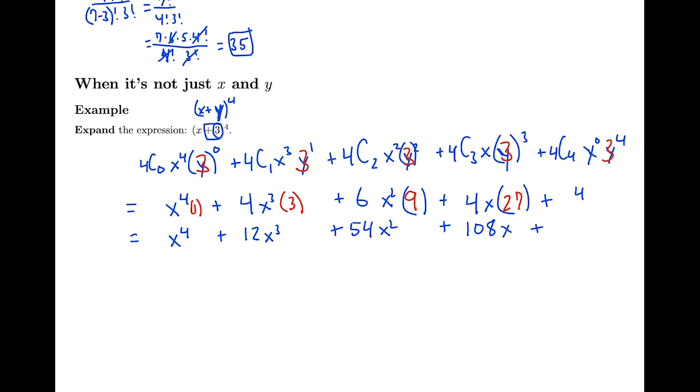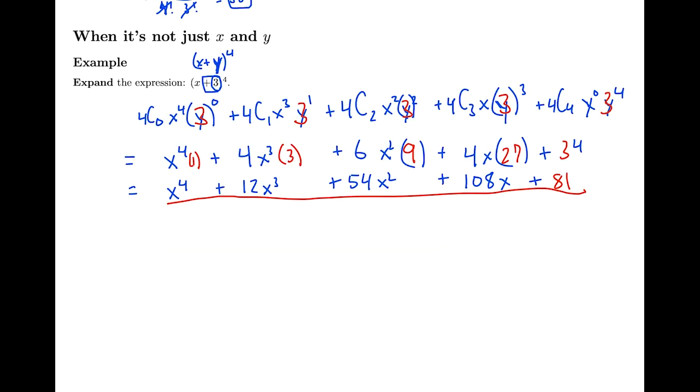So let's make that a 3, and this is going to be equal to 81. Now we have this expansion of (x plus 3) to the 4. So now we've gone beyond just having variables, and we can actually replace them with numbers as well. So that's the gist of the binomial theorem practice, and I will see you in class.